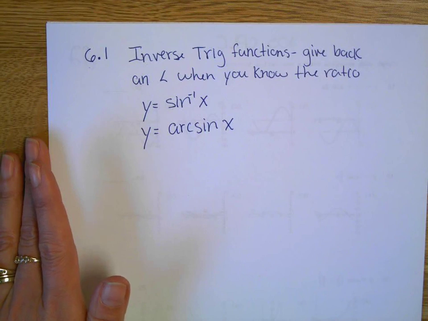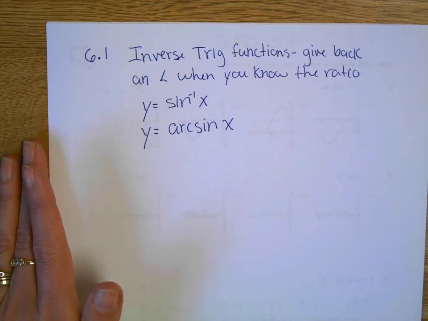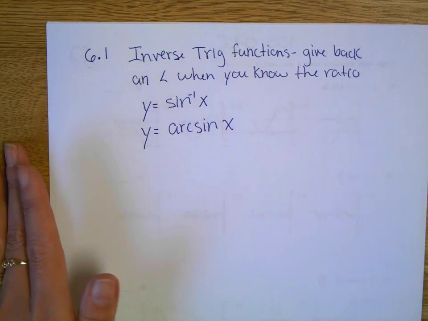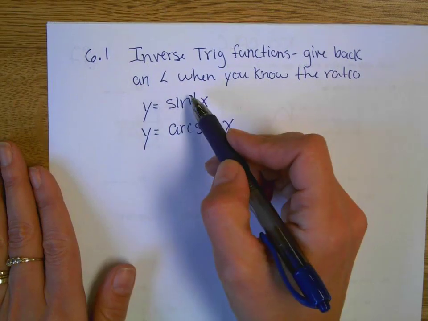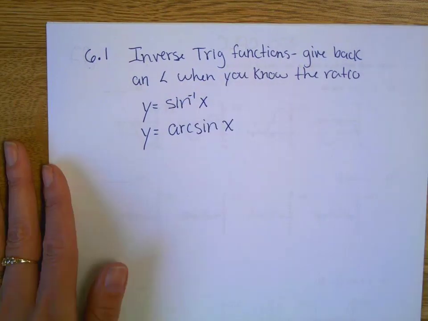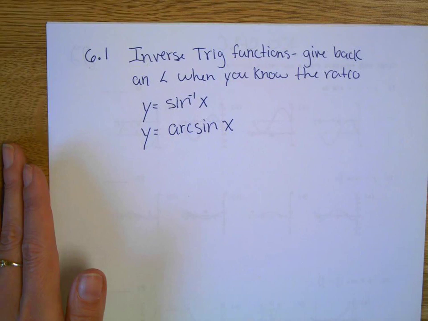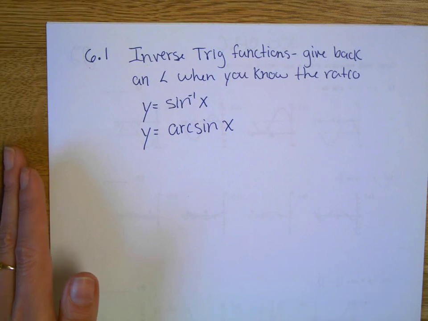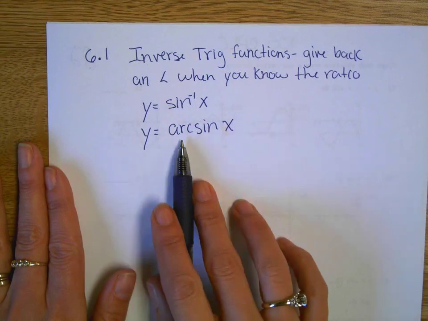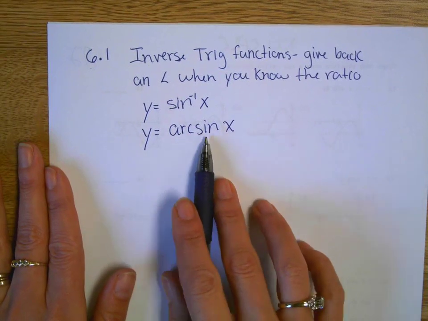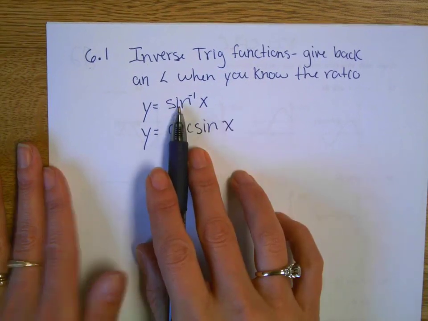Why do we need two things to say the same thing? I don't know. Maybe it's because back in the day they couldn't do these superscript things. They didn't have computers, you had the typewriter. I think it was a way to avoid having to get that raised up in the air. So the book will use arc sine, arc tangent. So when you see that, it's the same thing.